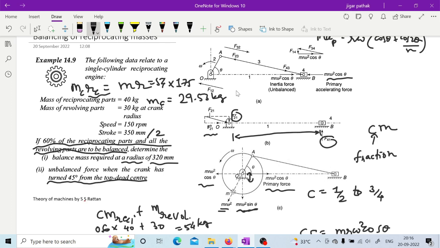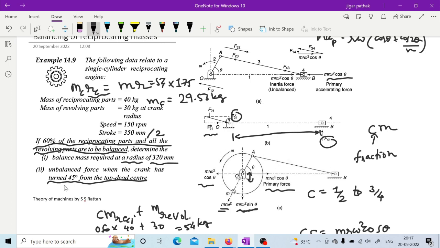And r c is the radius of the balancing mass, which is provided here: balance mass required at a radius of 320 mm. Okay sir, now this is clear.